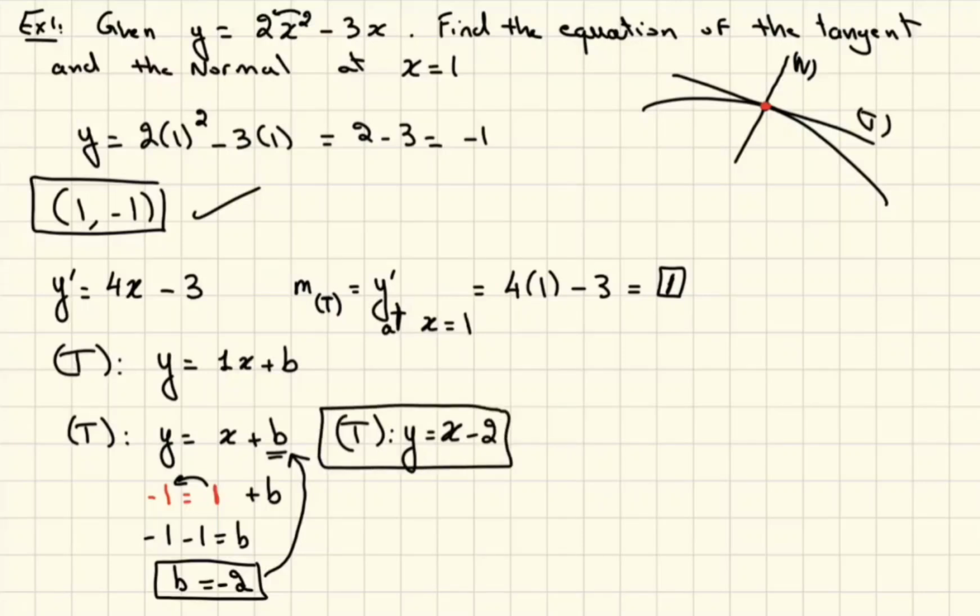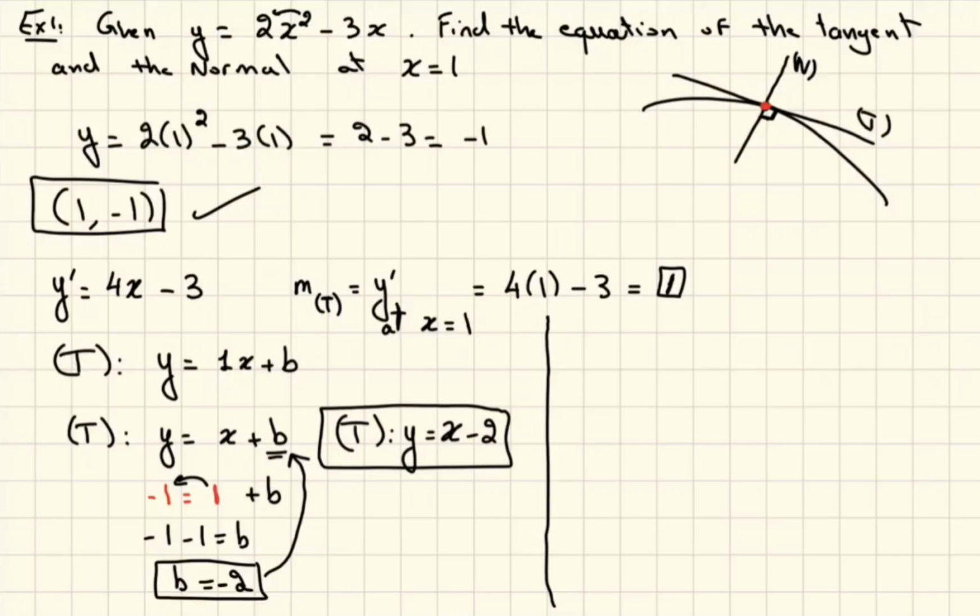If the question only asks to find the equation of the tangent, you stop there. Now, let's say you have an extra part in the question where they're asking you to find the normal. Then you have to do the following. You need to remember that the normal and the tangent are perpendicular. So if I know the slope of the tangent, I can find the slope of the normal, and vice versa. Whenever we have two perpendicular lines, if you know the slope of one, you can find the other.